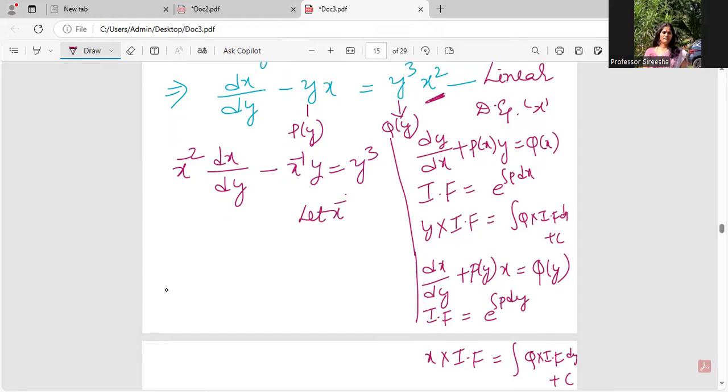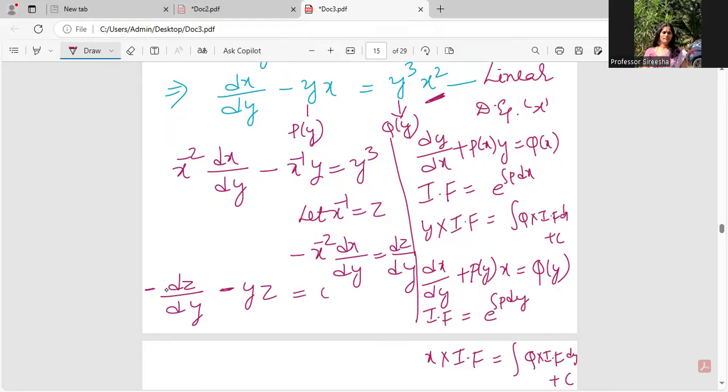Let x power minus 1 is equal to z. Minus x power minus 2 dx by dy is equal to dz by dy. Okay. So accordingly, I'll make the substitutions. Of course, with a minus sign, this will be dz by dy, and then here minus yz is equal to y cube.